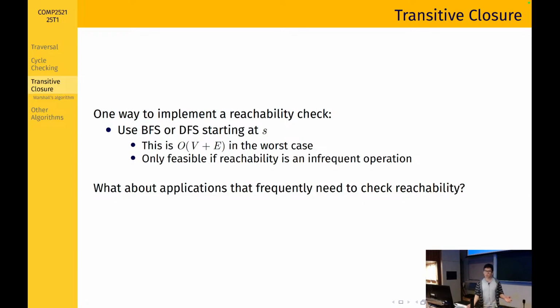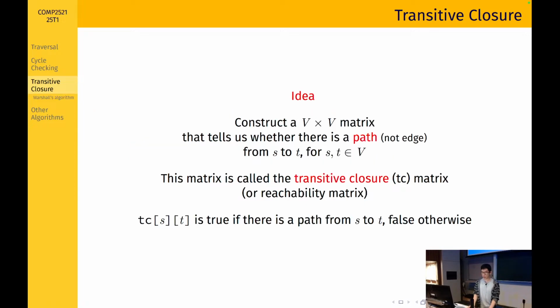In the worst case, we might end up traversing the entire graph for each query. So what we can do to make this more efficient is construct a V by V matrix that tells us whether there is a path from S to T for each pair of vertices, essentially telling us whether T is reachable from S for every pair of S and T.